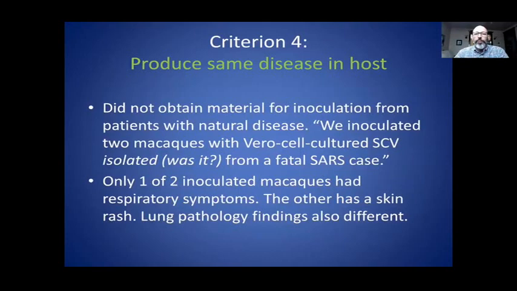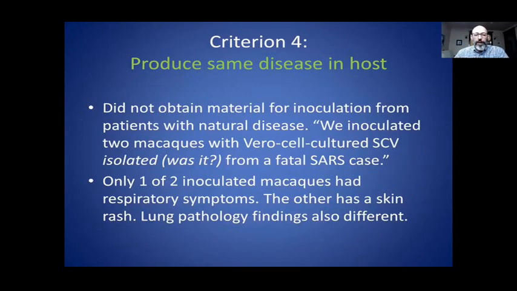So criterion 4, produced the same disease in the host. They did not obtain material from patients with the natural disease. Instead, they used the virus that was cultured in monkey kidney cells. Once again, those cells would be producing exosomes, and the virus was never isolated, so it's not really clear what exactly they're inoculating them with at all.